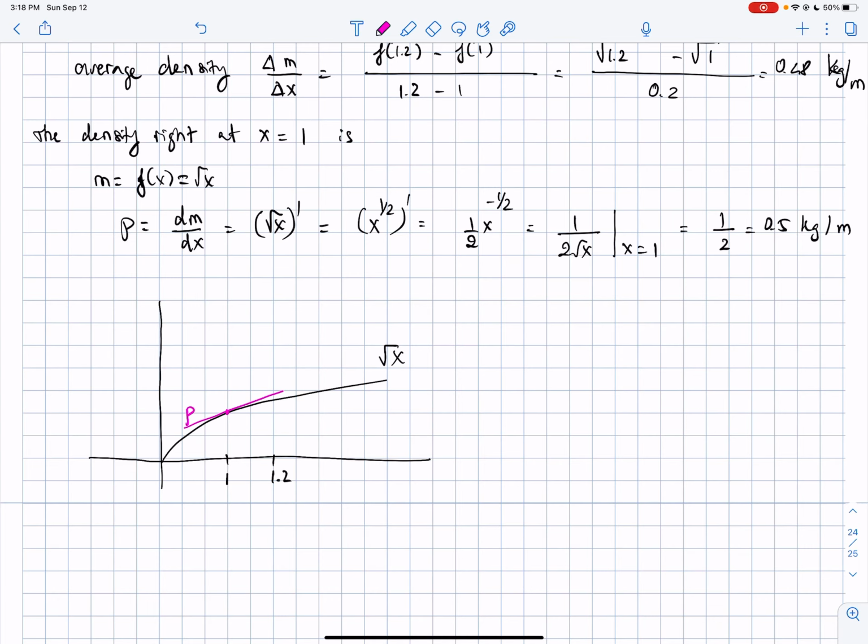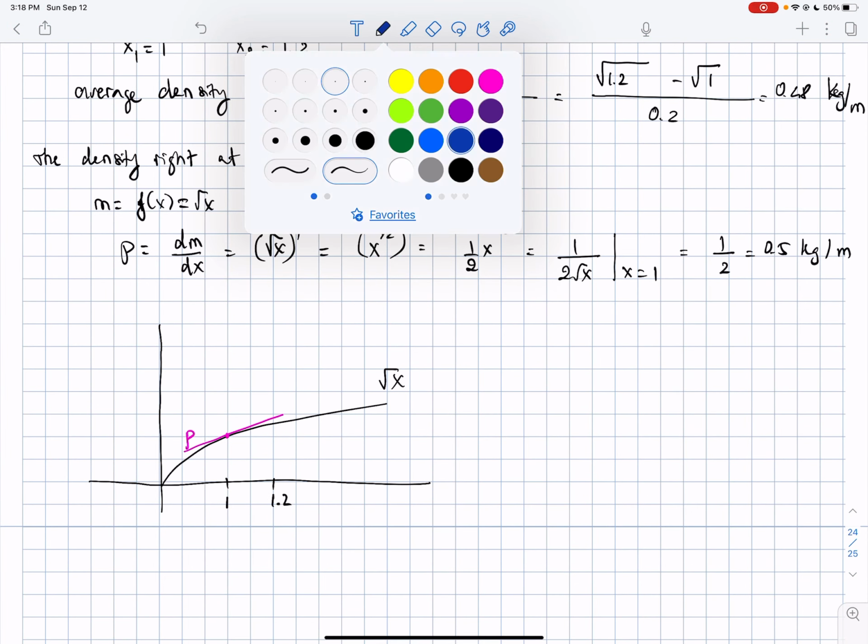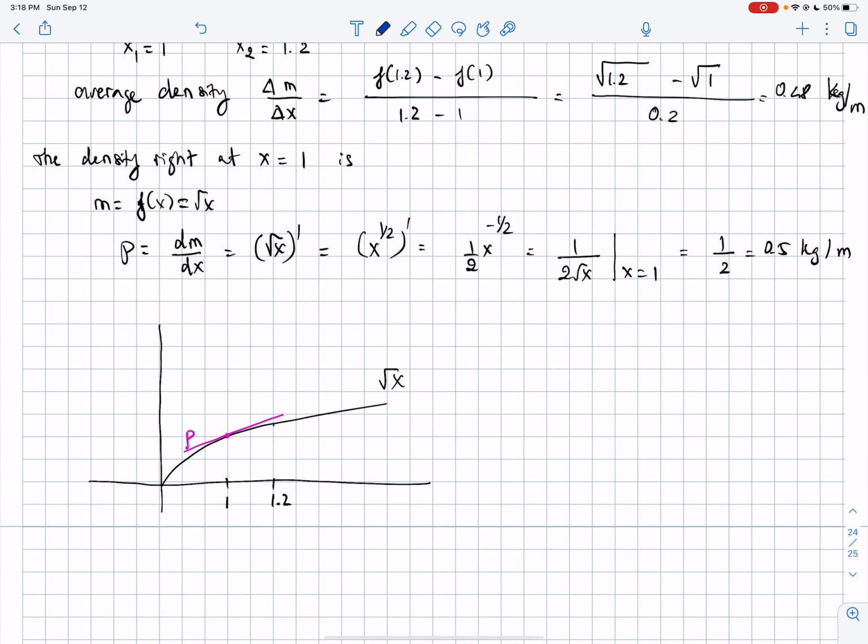And we find the average density. So that is the point 1.2. You connect the point 1 and 1.2, and you get a blue line, and the blue line is the secant line. And the pink line is the tangent line.